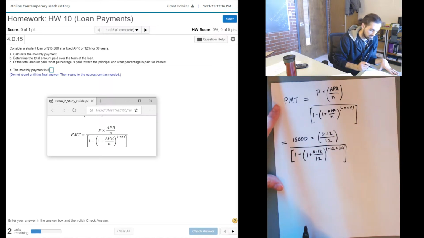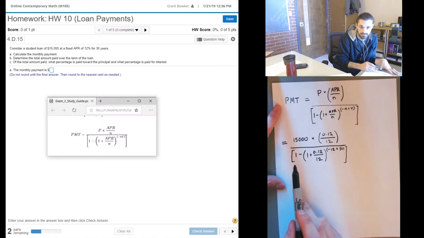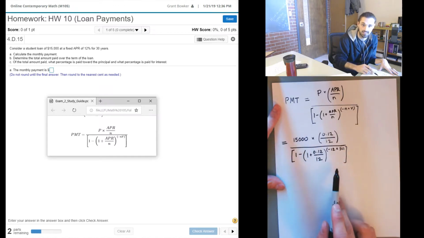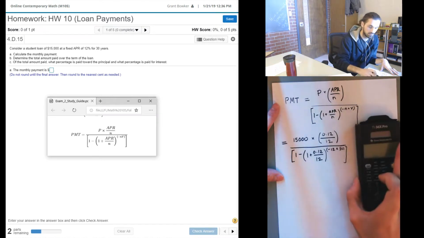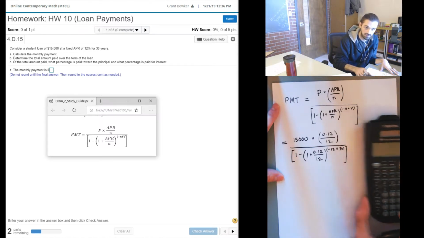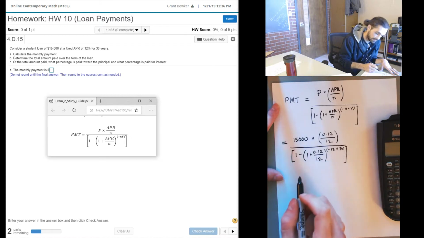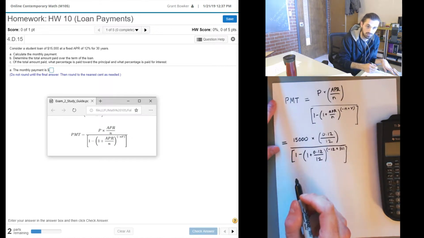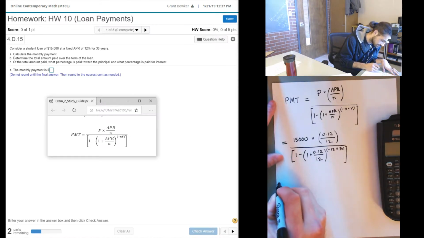In calculator notation, with my pretty print calculator, I can shove this in exactly how I see it. However, if you do not have that pretty print feature on your calculator, we're going to have to type this in one step, or else we're going to accumulate rounding errors.